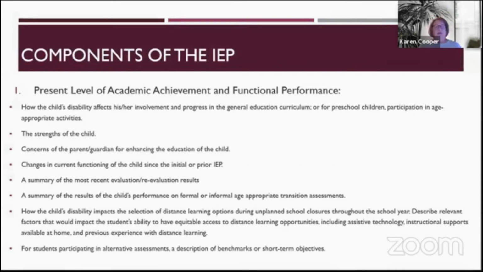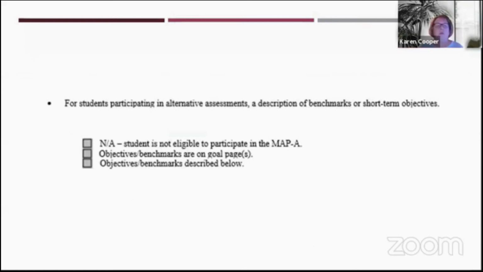So, and then the last section of the present level of academic achievement and functional performance talks about, for students participating in alternative assessments, a description of benchmarks or short-term objectives. So, and this is what it looks like on DESE's sample IEP template.